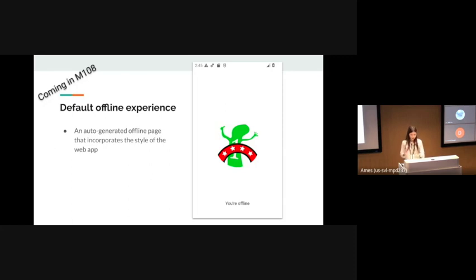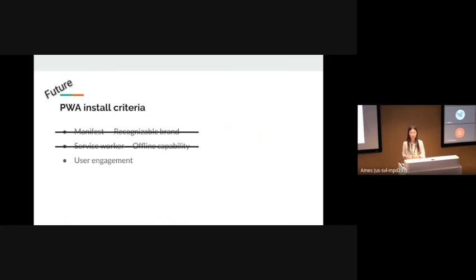Besides that, can we do more? We want install to be the user's choice. We want to put the install under the user's control, so they can install everything they want. Therefore, we are thinking of getting rid of the manifest requirement as well.